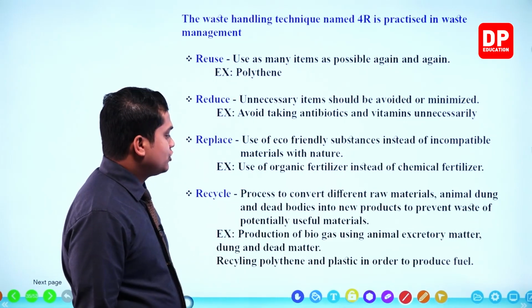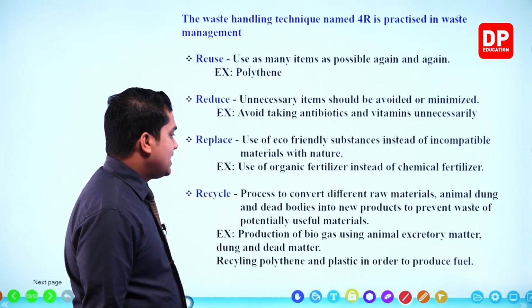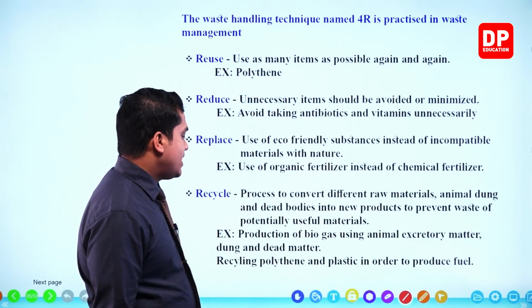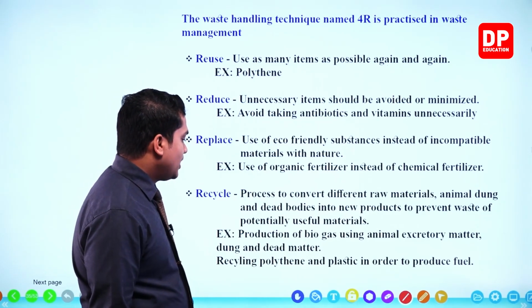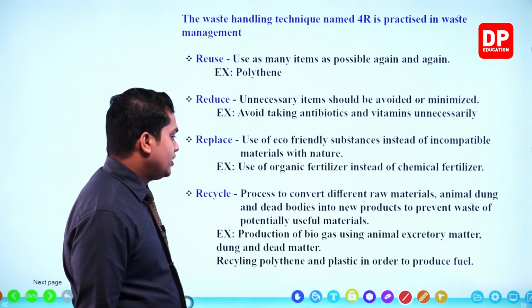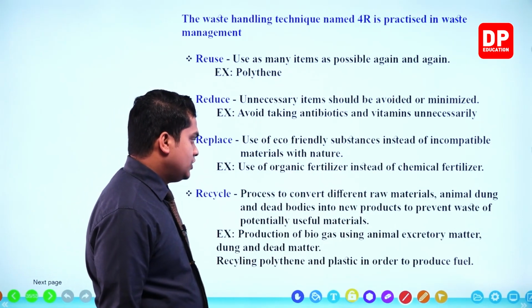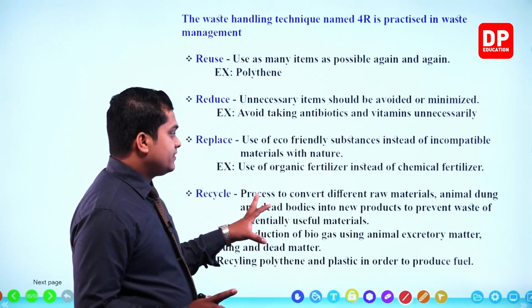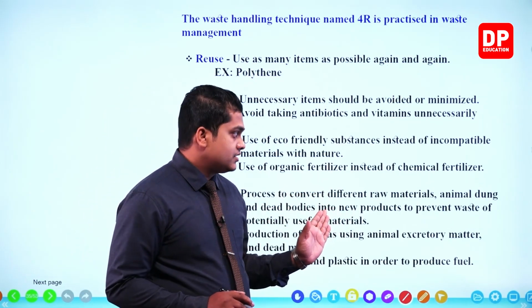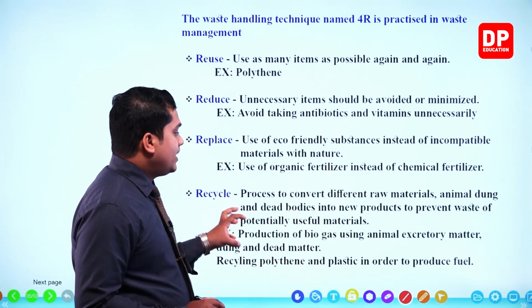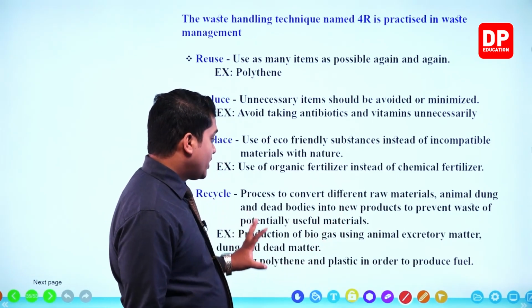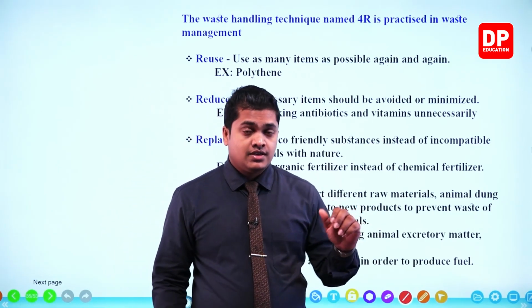Example given, production of biogas using animal excretory matter, dung and dead matter. Recycling polythene and plastic in order to produce fuel. So, recycling, once again, is the process of converting different raw materials, animal dung and dead bodies into new products to prevent waste of potentially useful materials.